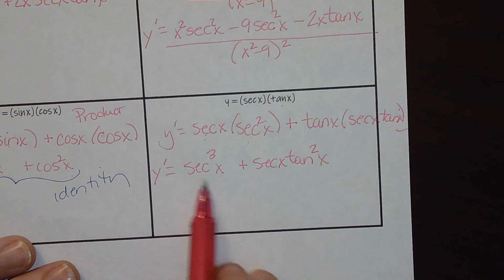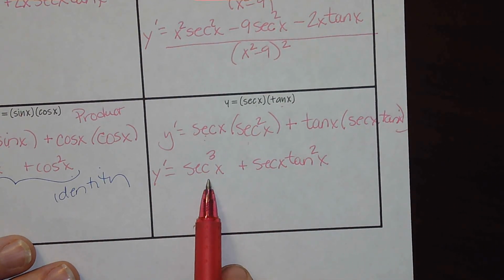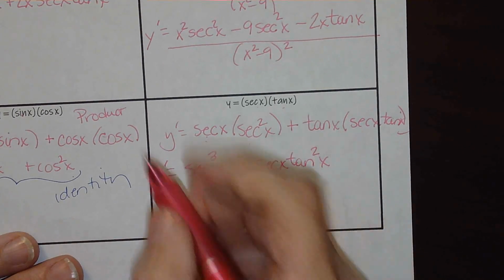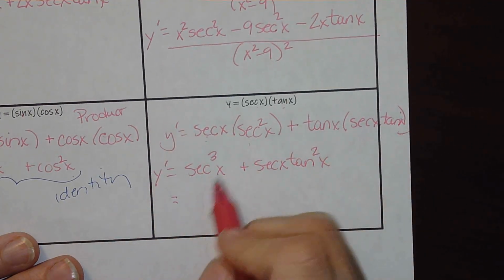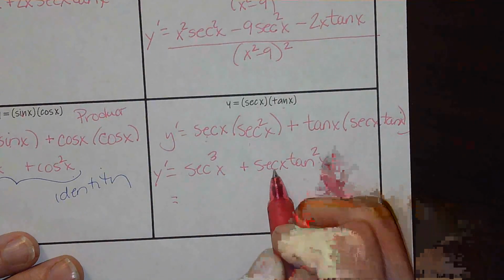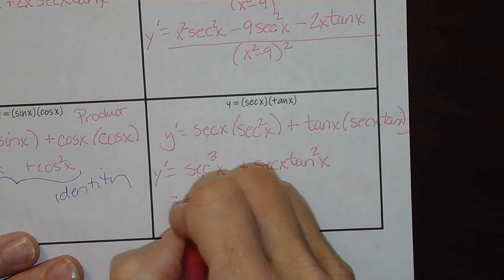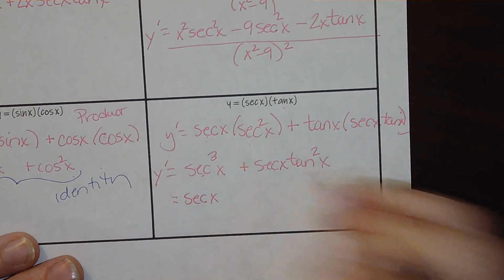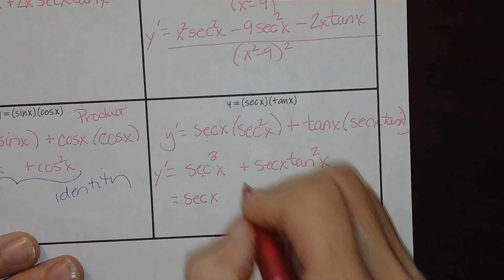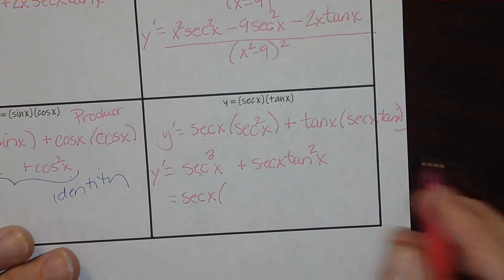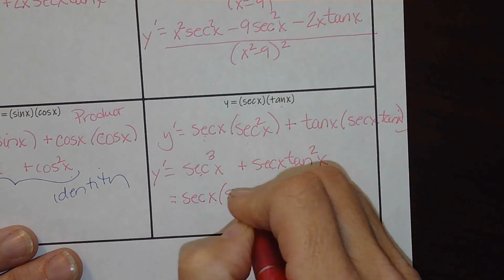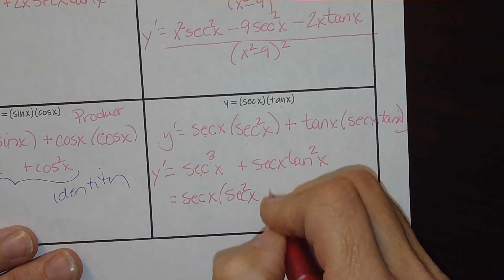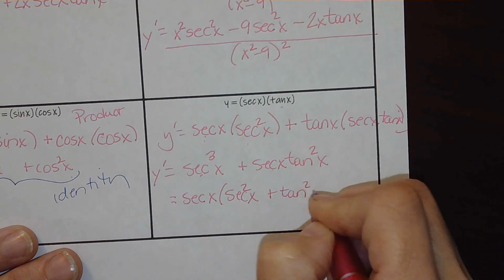I'm thinking that there might be an identity. These two terms have a secant that is common. When I factor the secant out, I'm left with secant squared x plus tangent squared x.